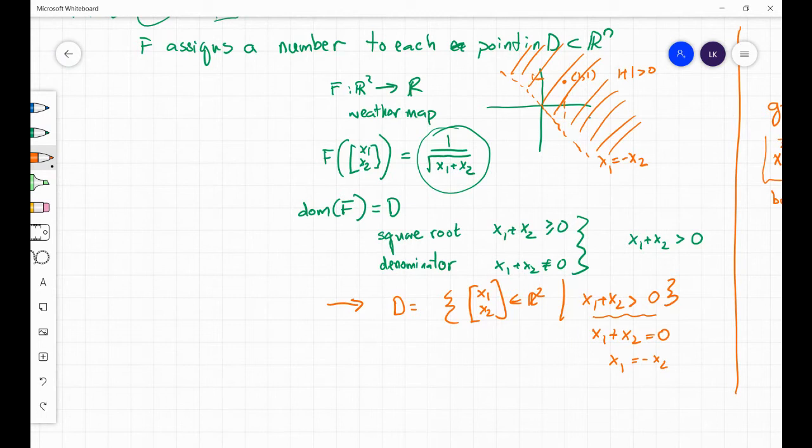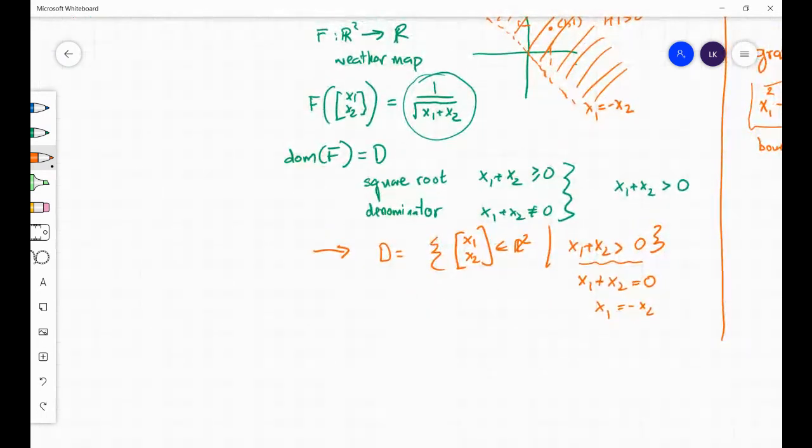So what do you think? First of all, can somebody tell me what an interior point is? You can use your mic, by the way. Oh, well, let me change that.